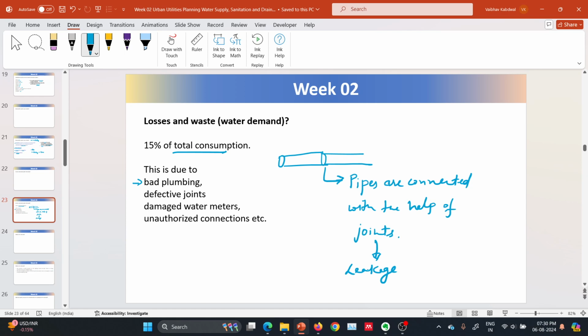We can make them tight, but most of the time there is a leakage. So these are not leakage proof. So bad plumbing can cause loss of water, and defective joints, both are interrelated, and damaged water meters. What happens is, damaged water meters will not account for the water which is going into a household or which is being utilized by a group of people. So this will be considered as a loss and waste.